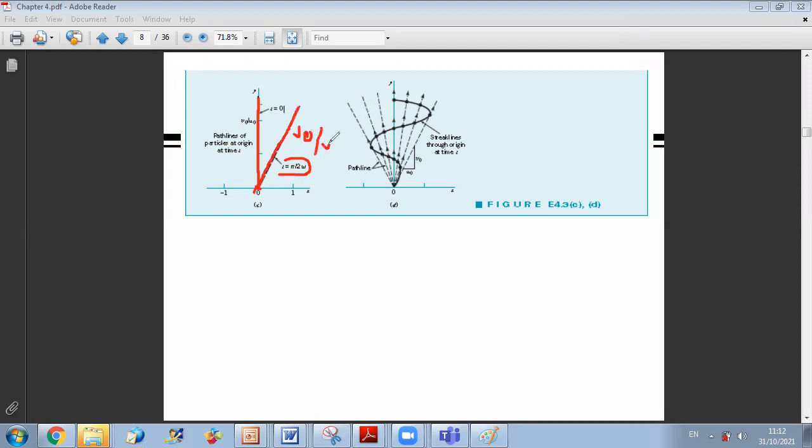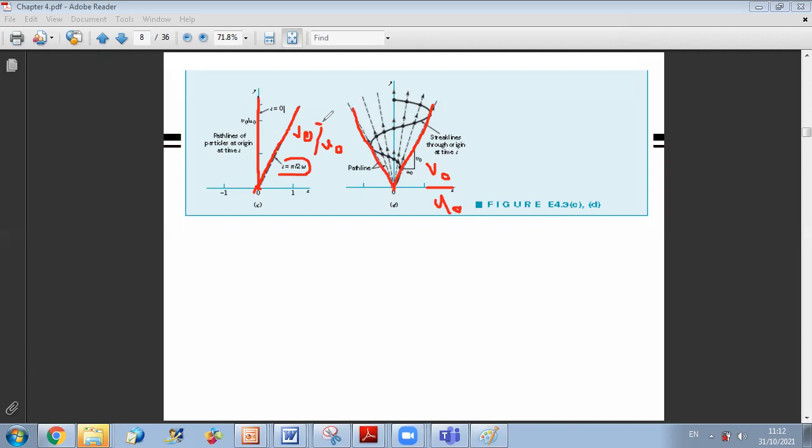Now we can show that if we draw all path lines for different times, we'll cover a cone limited by a line of slope v0 over u0 and another line of slope minus v0 over u0.